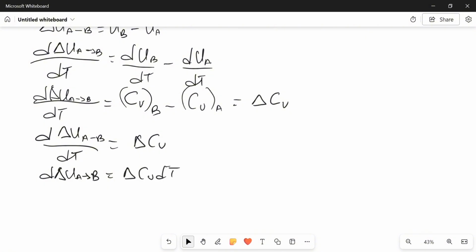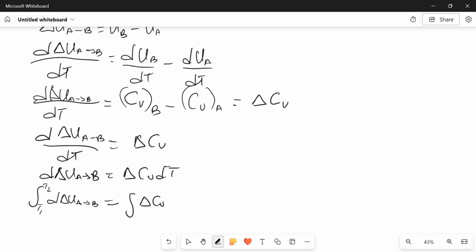Now they give us different temperatures, so we should get the difference in the change in internal energy for both. I can easily integrate. So if I integrate this in terms of temperature T1 and T2, I have the change in U from A to B, good, to be equal to the integral of what?